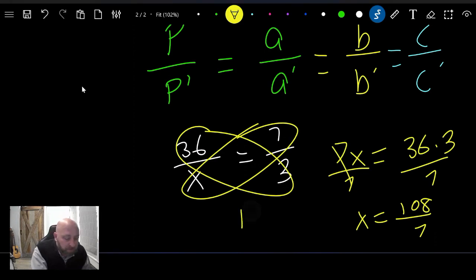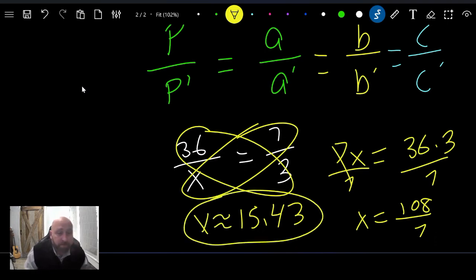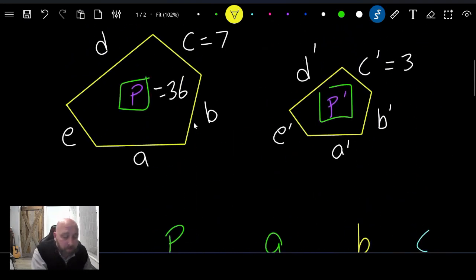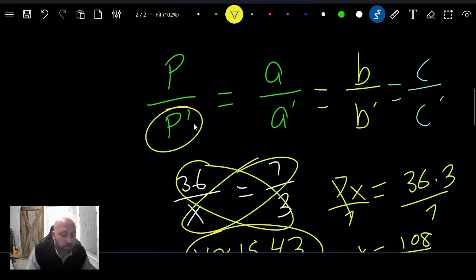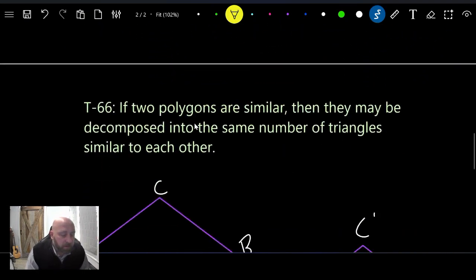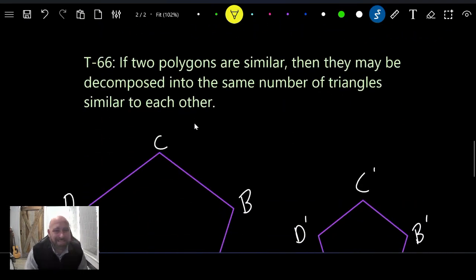So x equals approximately 15.43, since we rounded it off. What's x? X is perimeter prime, so this perimeter would equal our 15.43.